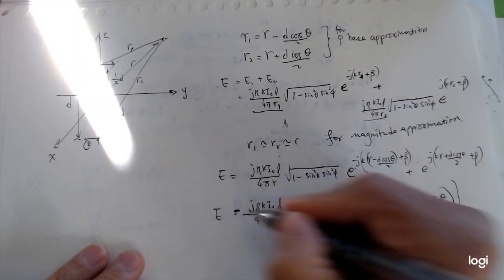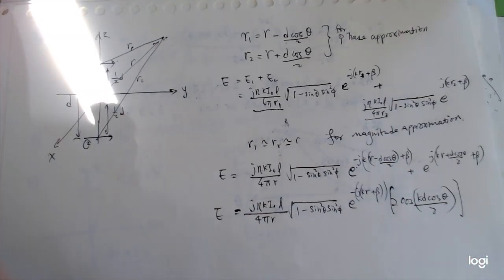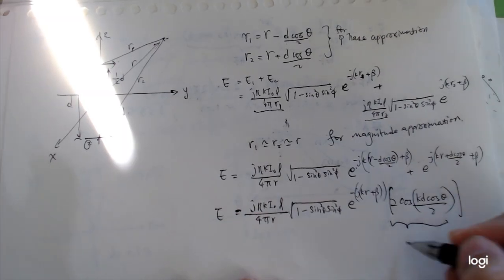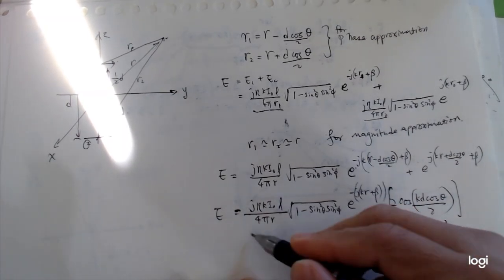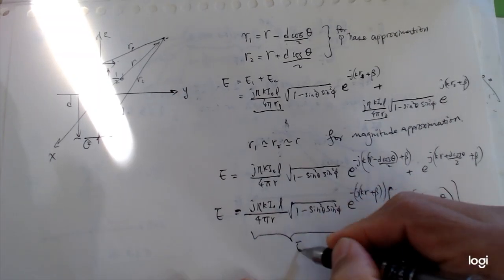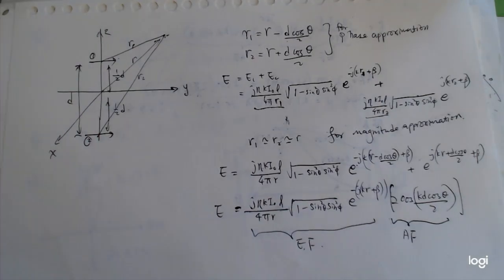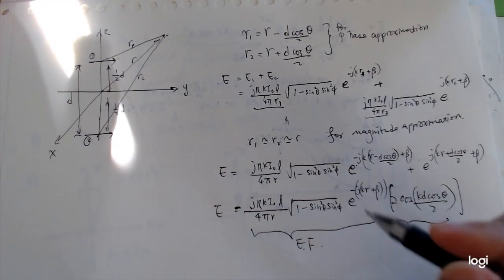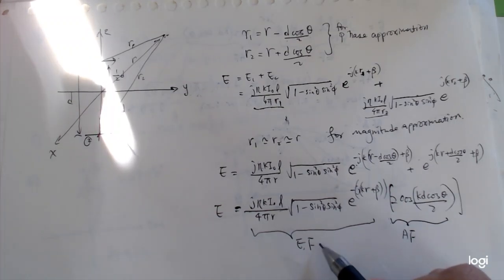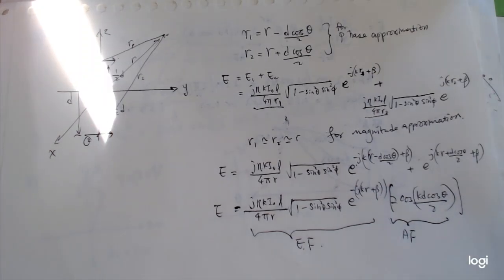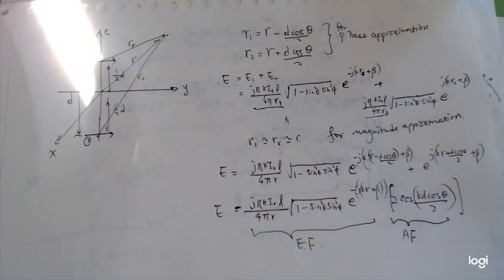So this is the final expression. The term here is the array vector. The terms here is the element vector. In this case, the element vector and the array vector will both contribute to the shape of the antenna.